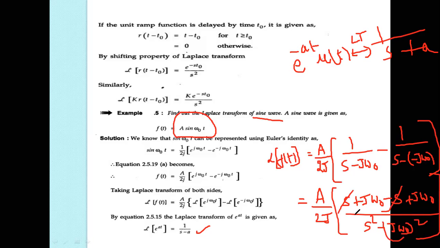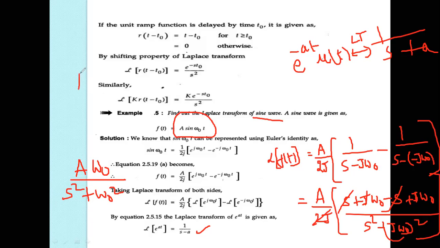Now s and s get cancelled, j omega naught and j omega naught make 2j omega naught, and 2j also gets cancelled. In the numerator we have only omega naught. So A into omega naught divided by s square plus omega naught square, since j square is minus one.